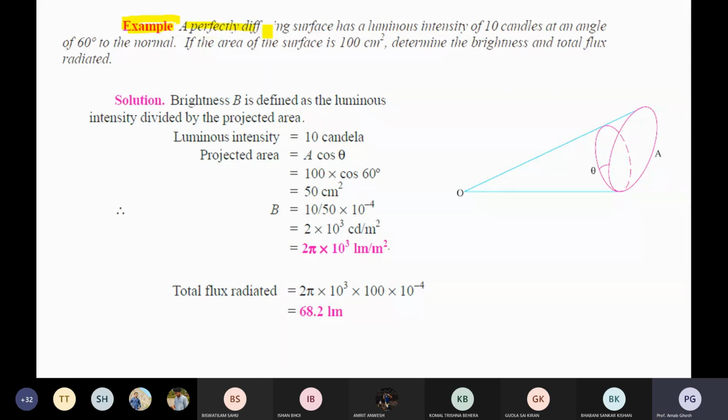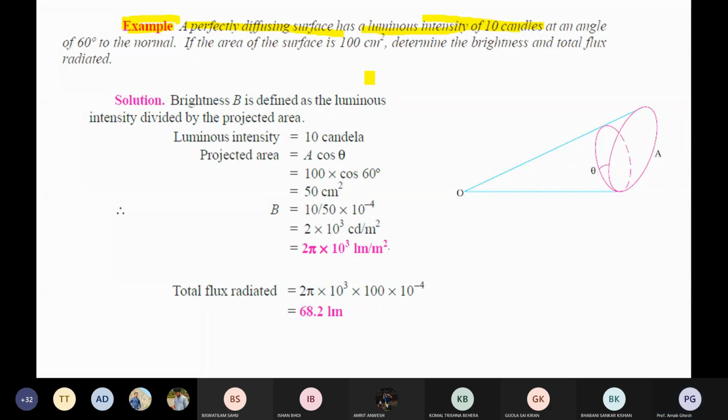Diffusing surface means there are two types, reflector and diffuser. You know that illumination is totally based on the laws of light. Diffusion normally depends on an uneven surface.